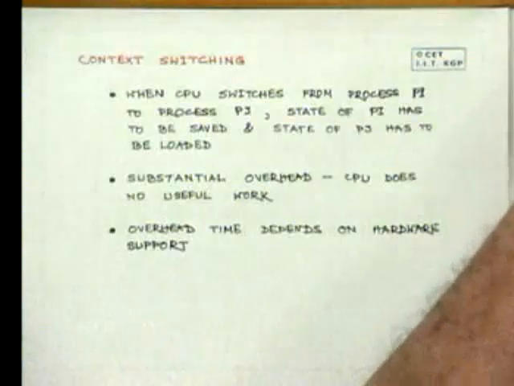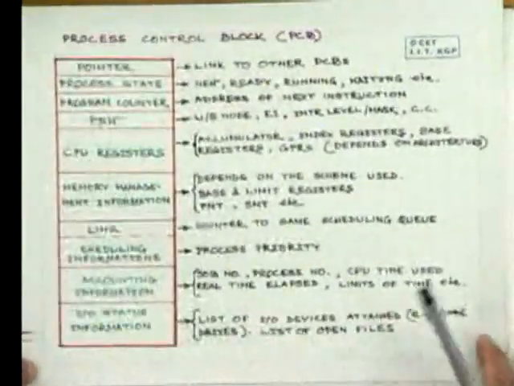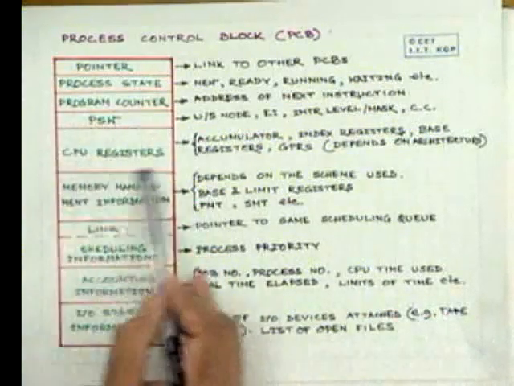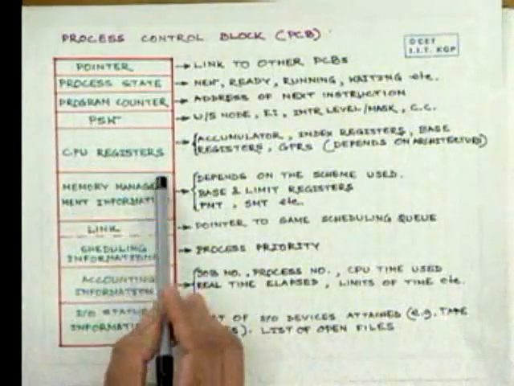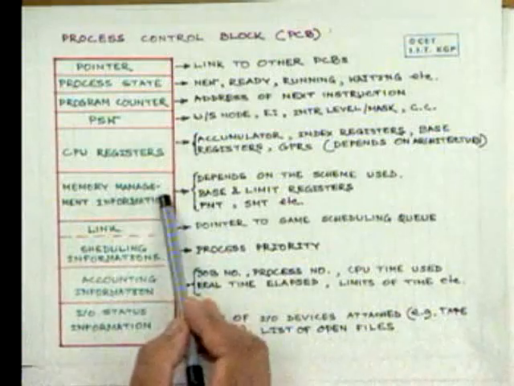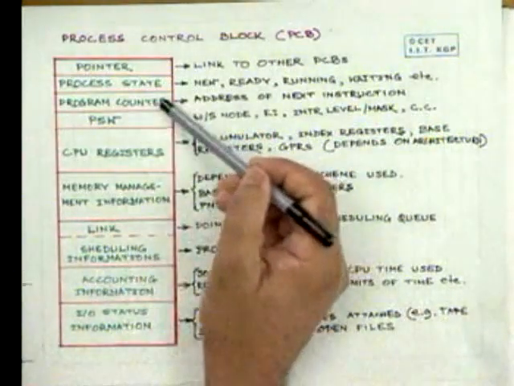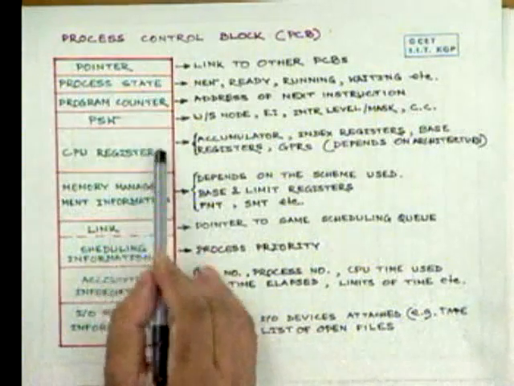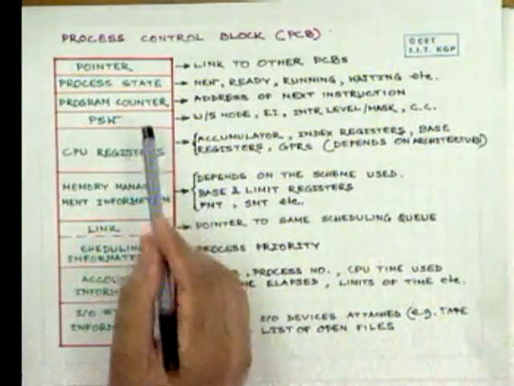There are hardwares which, by a single instruction, can save all the CPU registers. We can save the memory management information, once more, by a single instruction. Naturally, the program counter and PSW are generally saved by means of a single instruction on getting an interrupt directly.